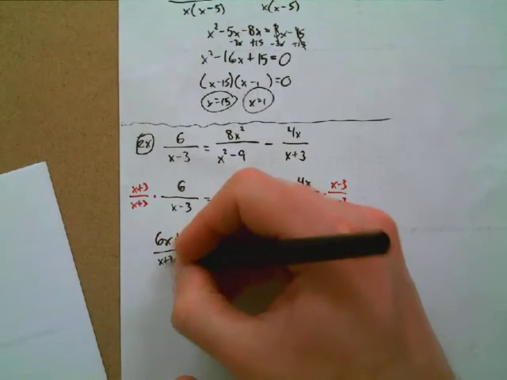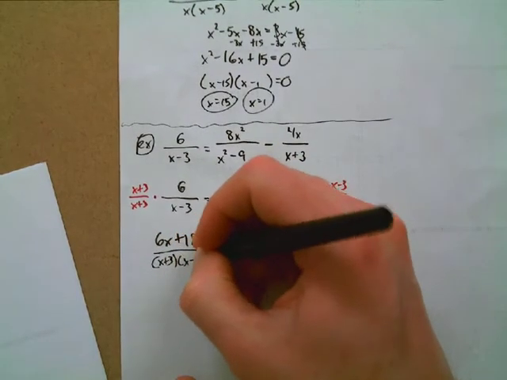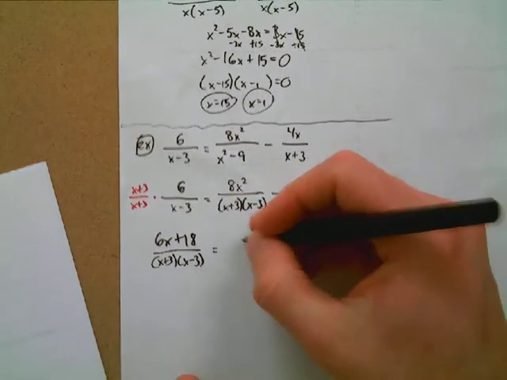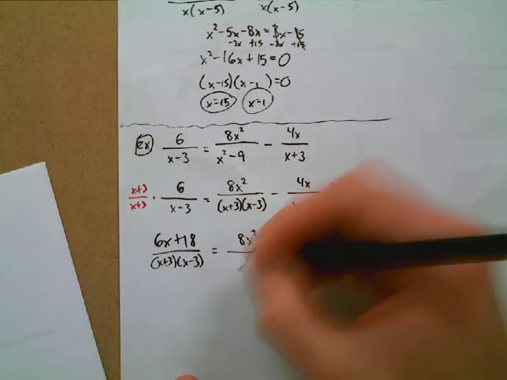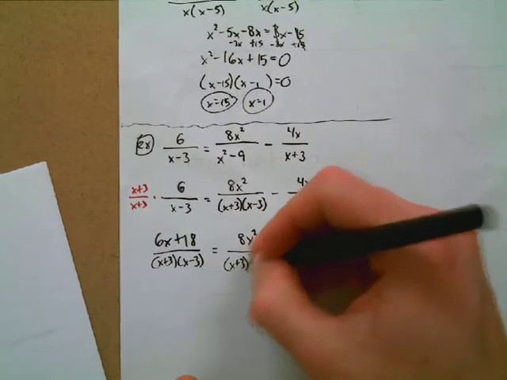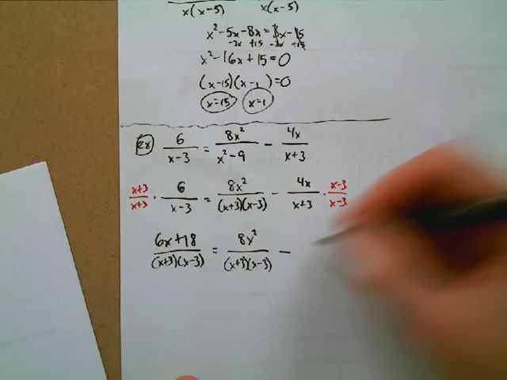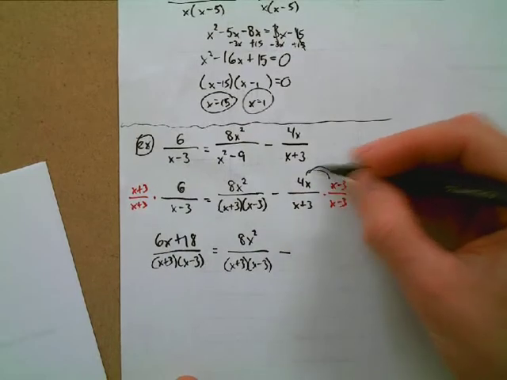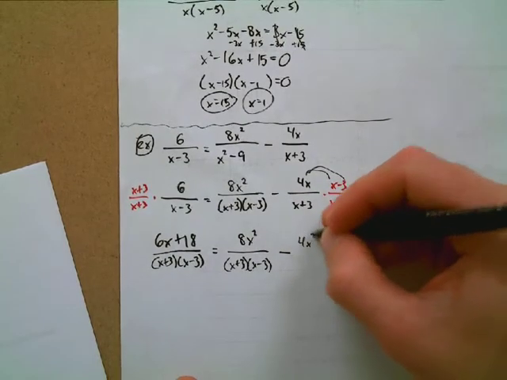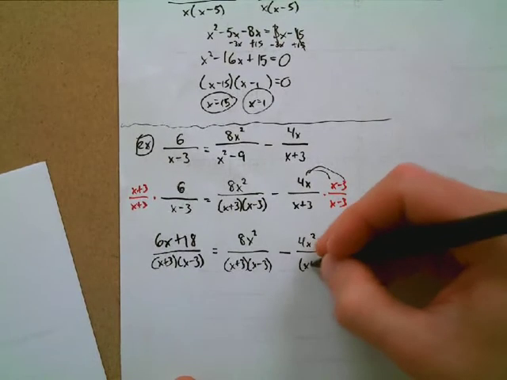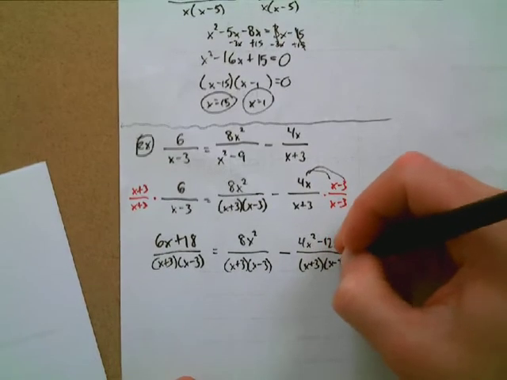Just leave it. Equals 8x squared over x plus 3, x minus 3, minus, and then I'll distribute the 4x. So 4x times x, 4x times minus 3, so we get 4x squared minus 12x, again, all over x plus 3, x minus 3.